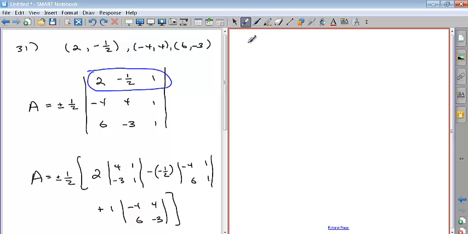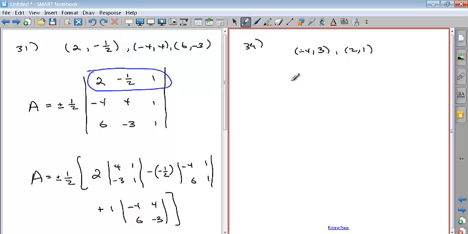And the final problem is 39, which says use the determinant to find the equation of a line passing through these points. So 39 is negative 4, 3 and 2, 1. So the way you do that is, let's look in the book. 2 points form an equation of a line.